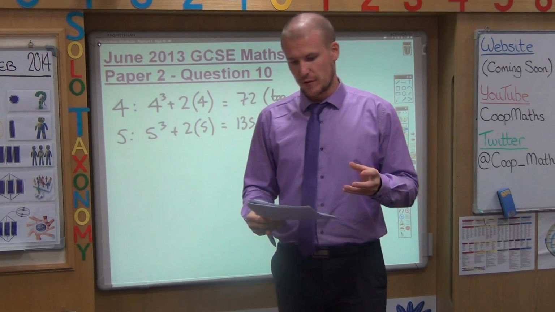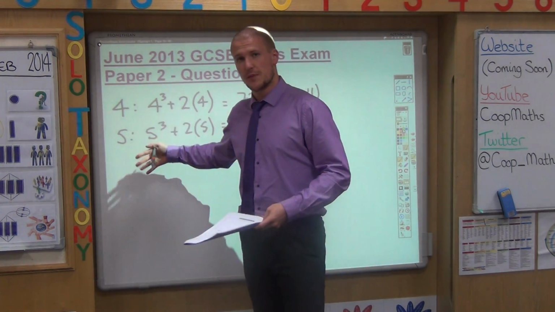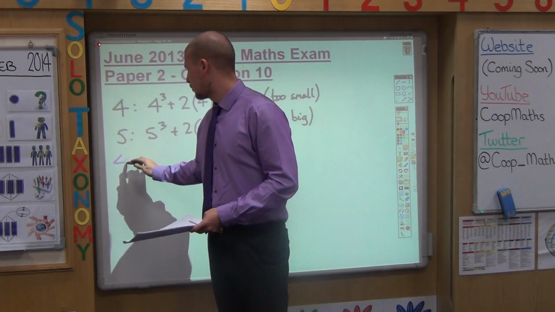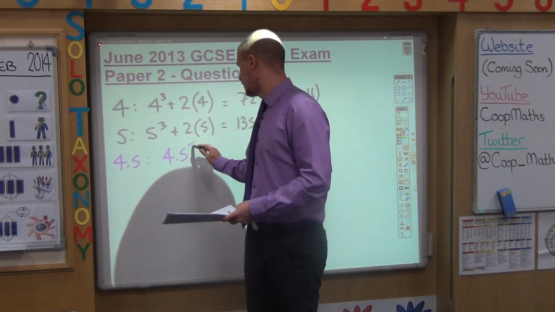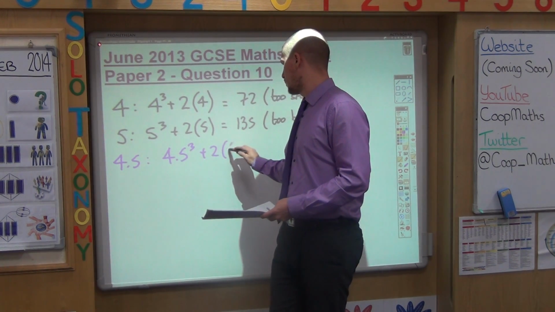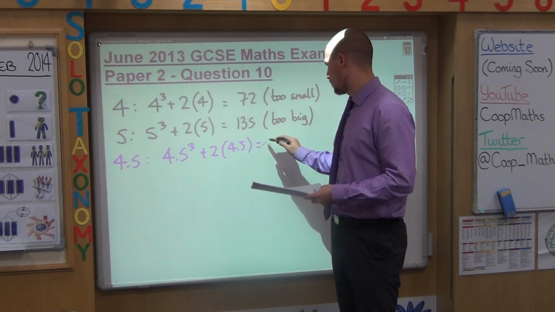So generally the safest thing to do is when you're unsure, go halfway in between. So the 4-point-somethings of all those to choose from, I would go with 4.5. And if I substitute in 4.5, the value I get is 100.125.